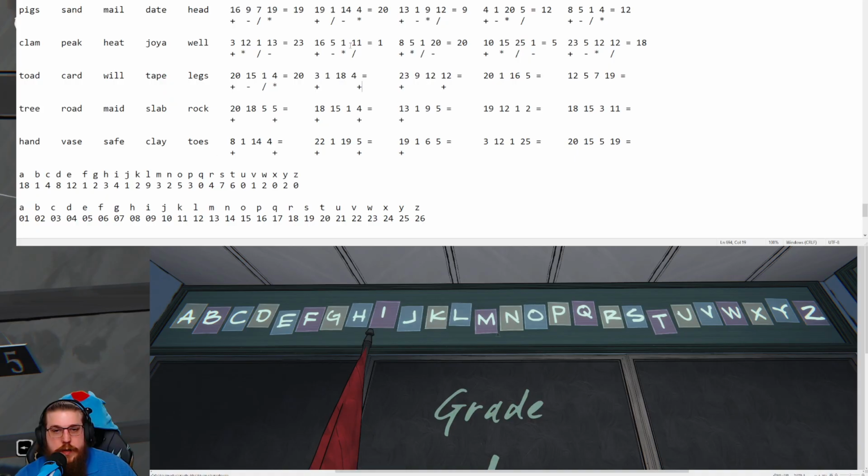So if I just do straight letter replacement back, 19 is S, 20 is T, 9 is I, 12 is L, still. Interesting.